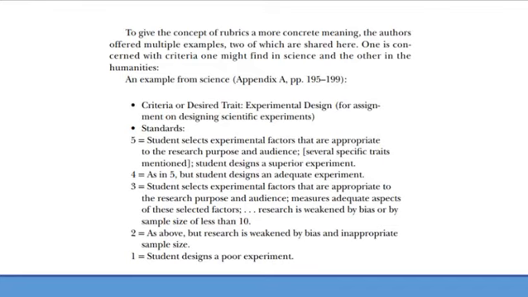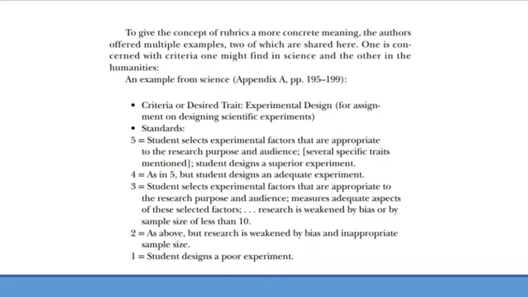To give the concept of rubrics more concrete meaning, the authors offered multiple examples, two of which are shared here. One is concerned with criteria one might find in science, and the other in the humanities. An example for science, criteria of desired trait, experimental design for assignment on designing scientific experiments.